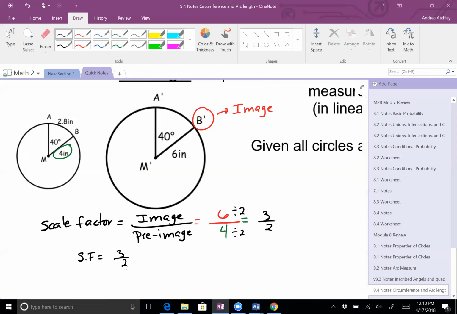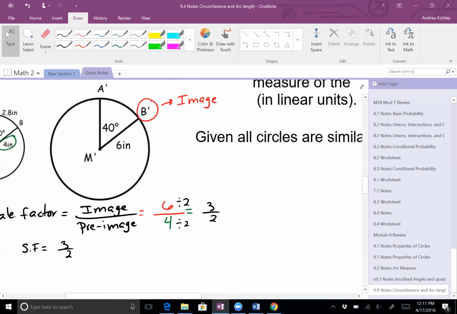So that means that this circle is 1.5 times bigger than our starting circle. So this arc length is going to need to be multiplied by 1.5 to give me the length of this. Does that make sense? Because the ratios are all going to be the same.